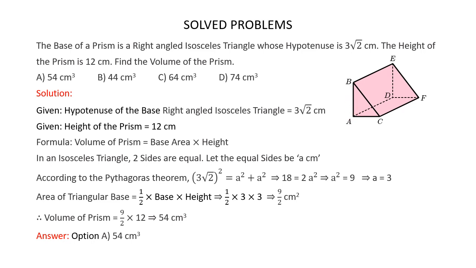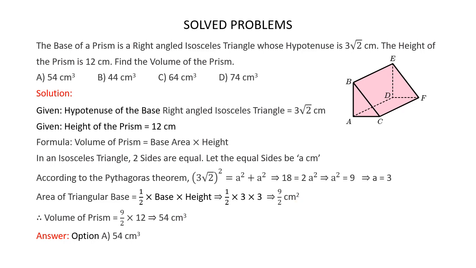Now we know that area of a triangular base is equal to half multiplied by base multiplied by height, which means area of the triangular base is half multiplied by 3 multiplied by 3, which is 9 by 2 centimeter squared. So now we know the base area is 9 by 2 centimeter squared.